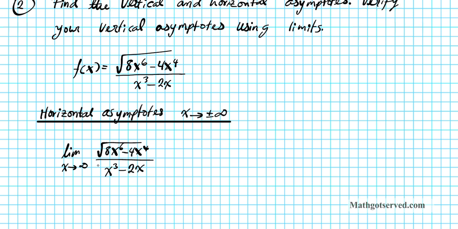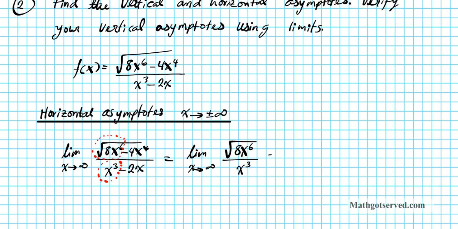When you're looking at the limit at infinity, the leading terms in the numerator and the denominator are what we focus on, because the other terms don't grow fast enough at infinity. In the numerator, I'm going to focus on the square root of 8x to the 6th. In the denominator, the leading term is x to the 3rd. So the limit as x approaches infinity is the square root of 8x to the 6th divided by x to the 3rd.